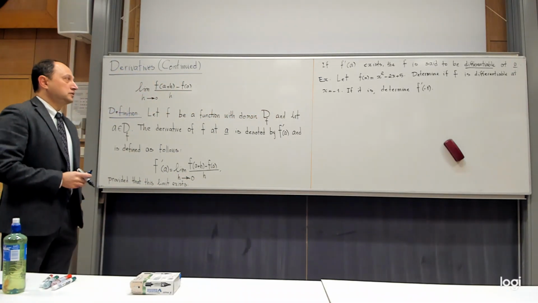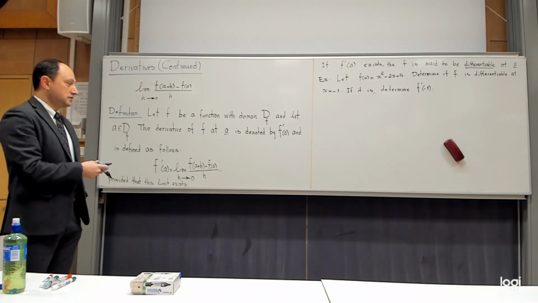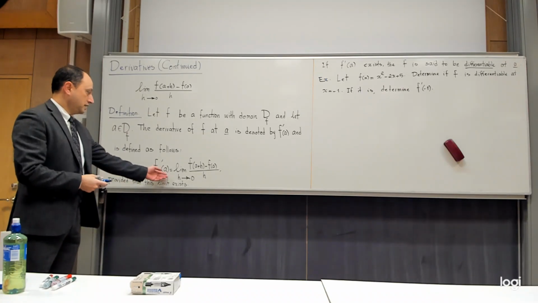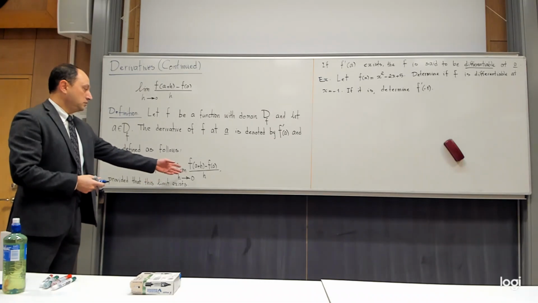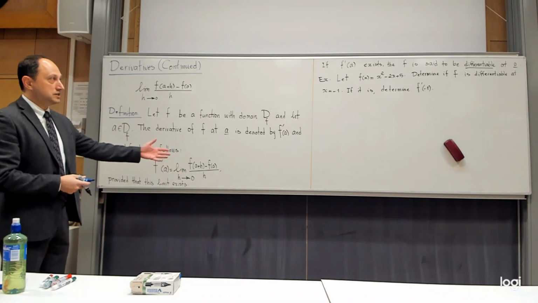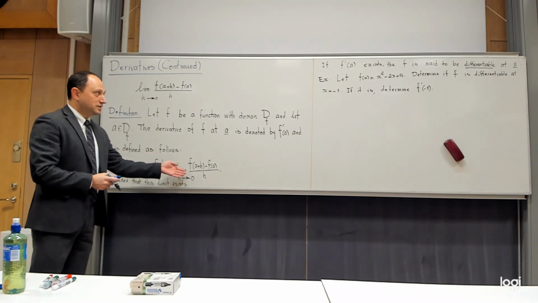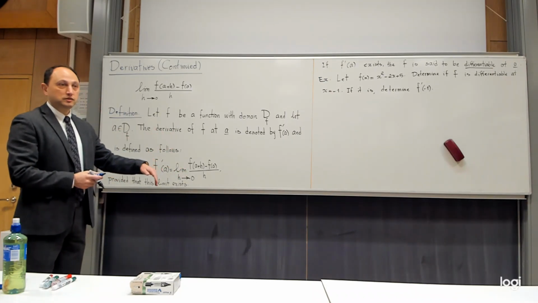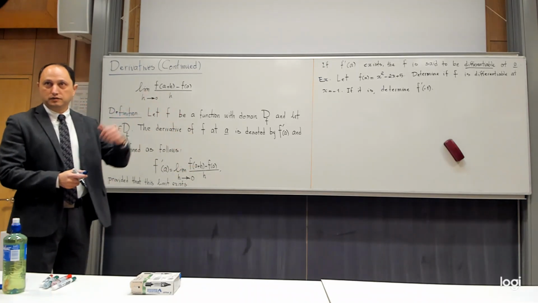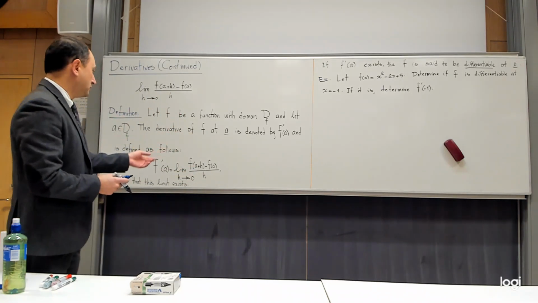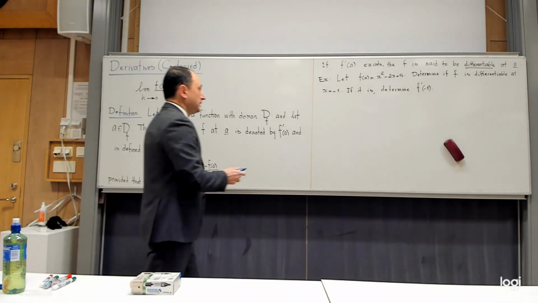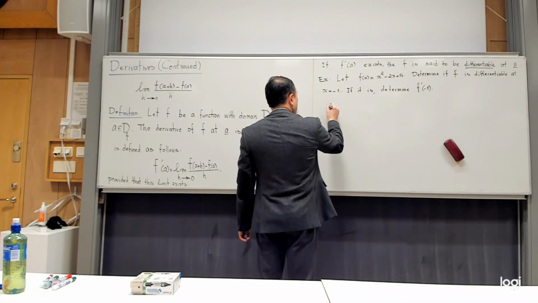In principle, you can answer both questions with the same starting point. You calculate this limit. If this limit does not exist, then you would say that it's not differentiable. If the limit exists, it is not only differentiable, but the value of the limit is the derivative. So in principle, we have to calculate this limit. Let me write the formula.